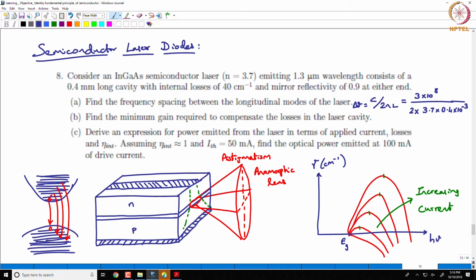So, what is it? 0.8. So, that is about 3, and 3 and 3 cancel. So, it is roughly about 10 to the power 11 hertz. That is corresponding to 100 gigahertz, right? Huh? 9.375, so 93.75 gigahertz is the accurate answer. I was just giving some rough numbers, but this is 93.75 gigahertz, right?